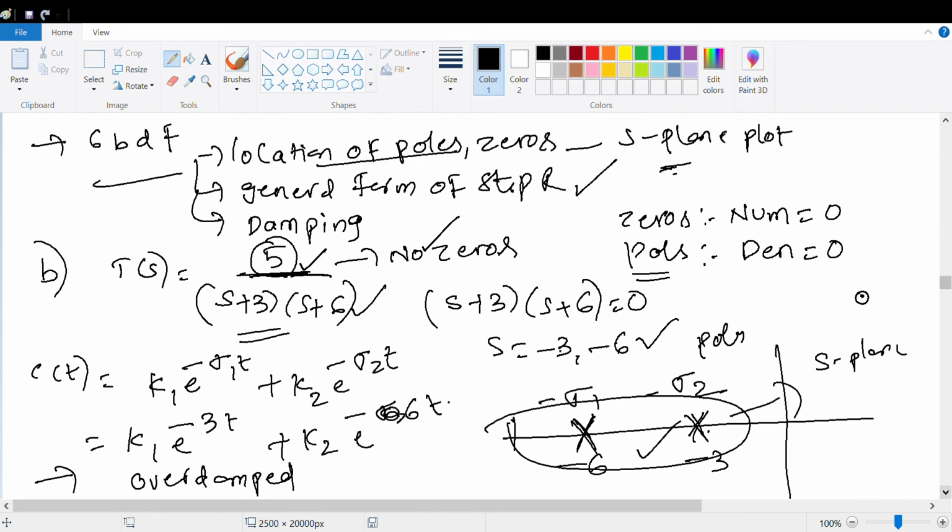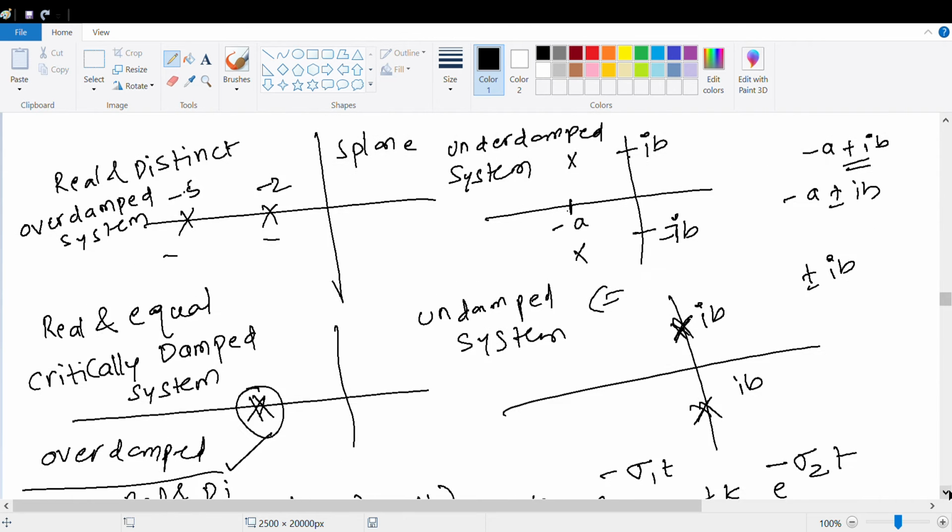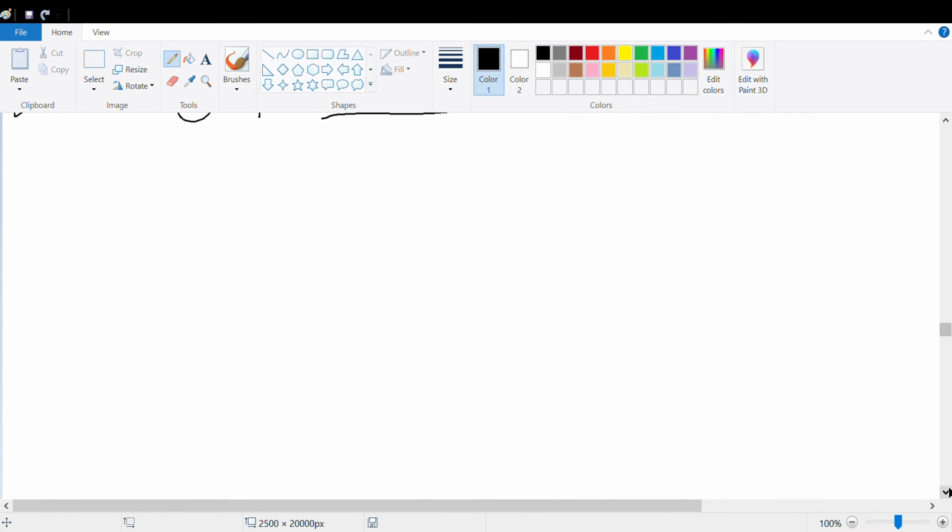Okay, now the D part. T of S equals 20 by S square plus 6s plus 144.